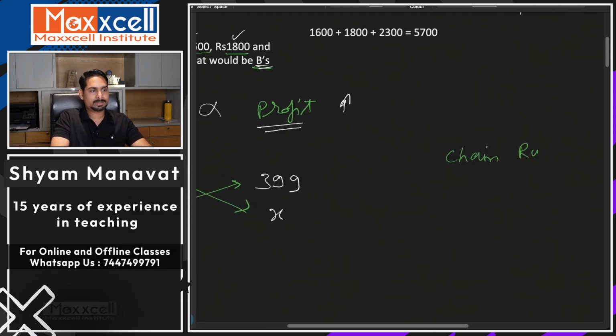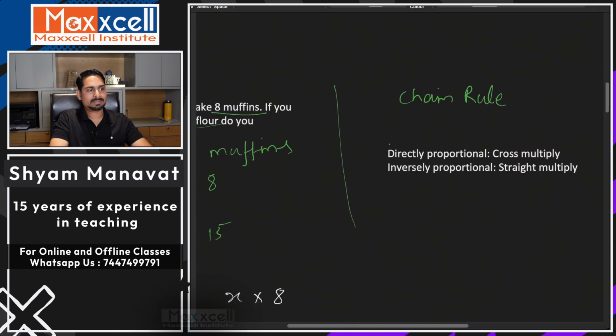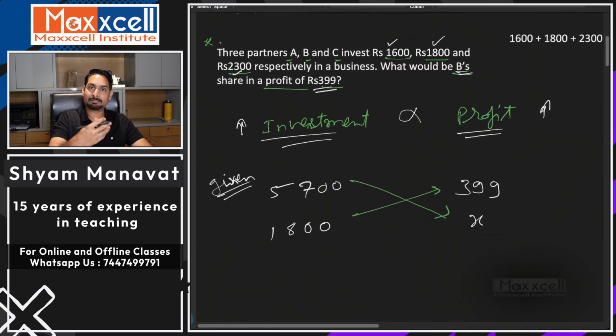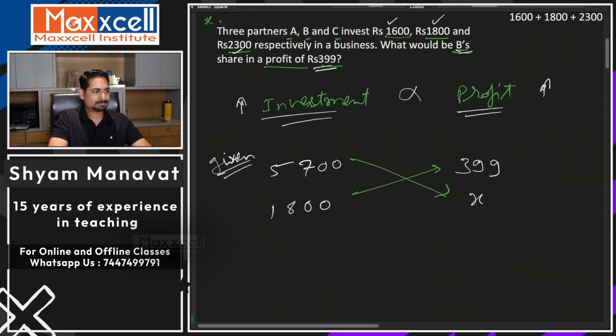In chain rule, if it is directly proportional, cross multiply; inversely proportional, straight multiply. I'll give you more examples of inversely proportional also. Just stay tuned. So cross multiply, you get 5700 multiplied by X equals 399 multiplied by 1800.